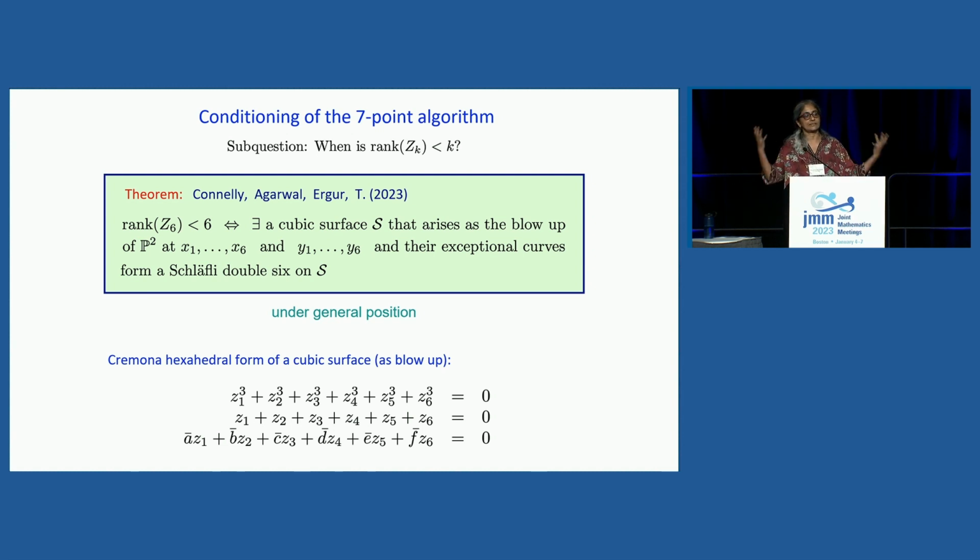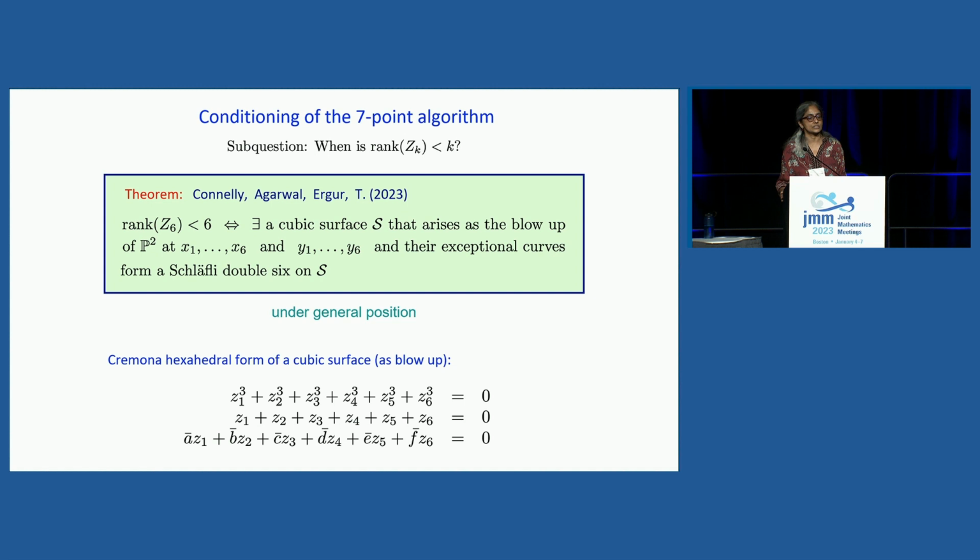Normally there are ways to write down the cubic surface using determinantal representations, but you don't actually see the data of the points that you blow up. So if you look at this formulation, you see that the first polynomial is a cubic, so that's the cubic part, but it's sitting in P5, and the surface is actually in P3, so there are 2 linear equations that have to be satisfied in this P5.